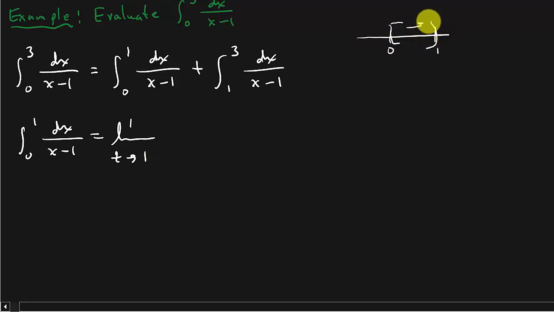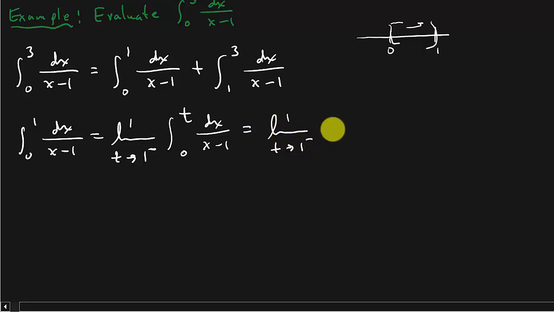So we've got to come in from the left, of the integral. Let's see what we got. The integral from 0 to t of dx over x minus 1. So this is the limit as t goes to 1 from the left.